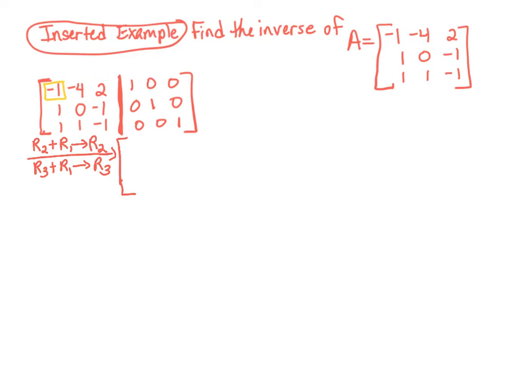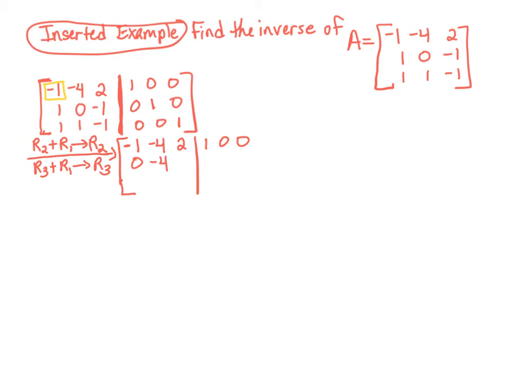So row 1 is not going to change. So you have -1, -4, 2, 1, 0, 0. Then R2 plus R1. 1 plus -1 is? 0. Then you have 0 plus -4 is? -4.